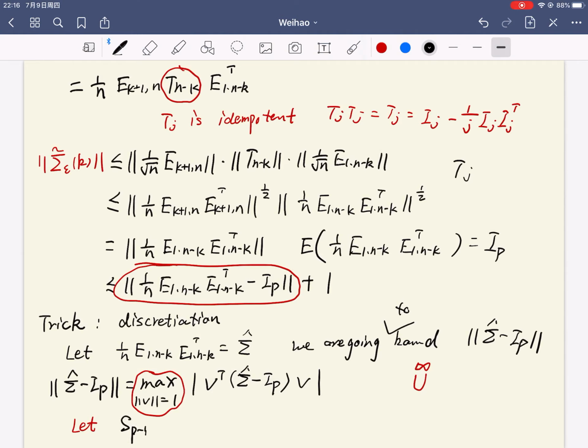Let's rewrite this space on which we are going to take the union bound. It is a sphere in p dimensions.